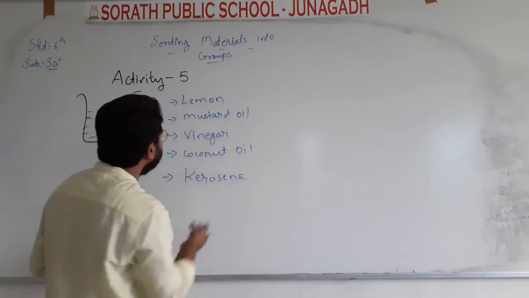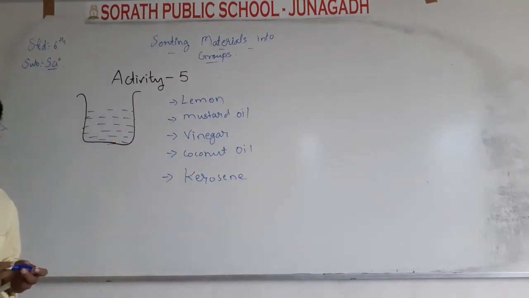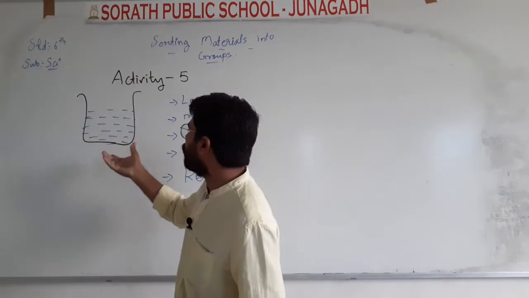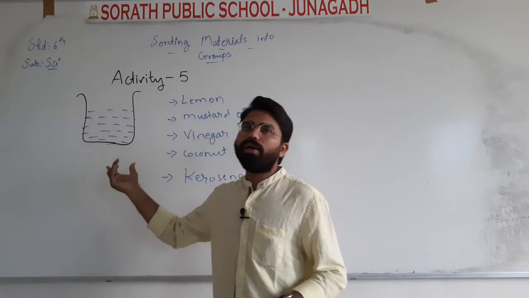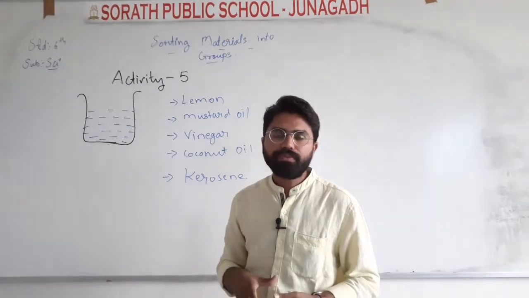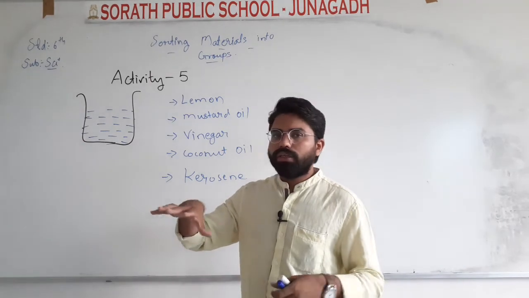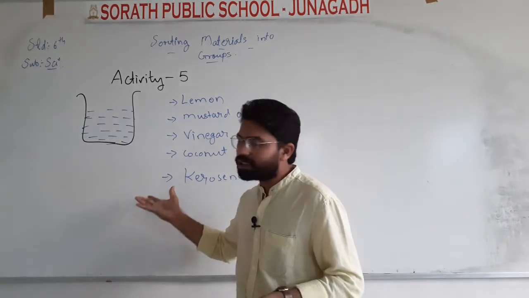Okay, you can take all these liquids, then one by one you have to perform with the different beakers. I have taken only one beaker here, but if you want to perform, I have told in previous lecture that if you have a glass, then also you can do this experiment.